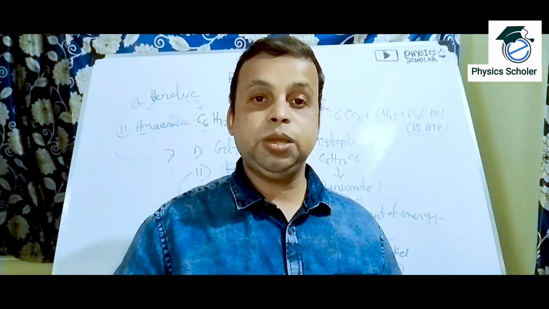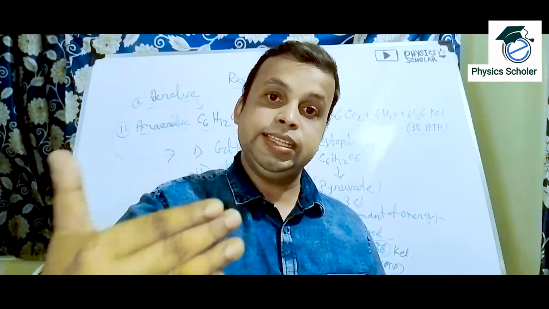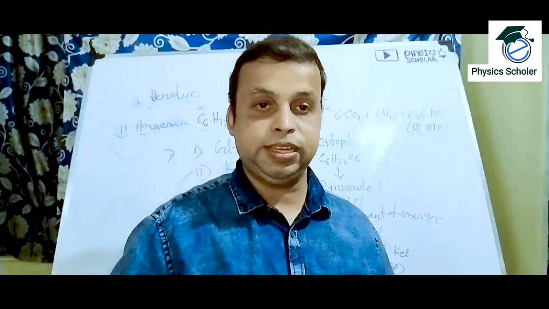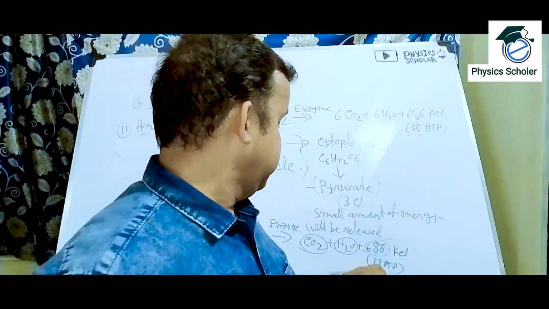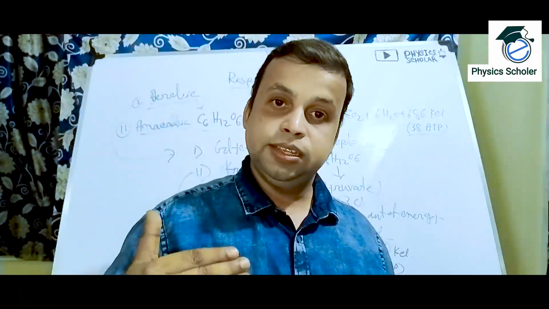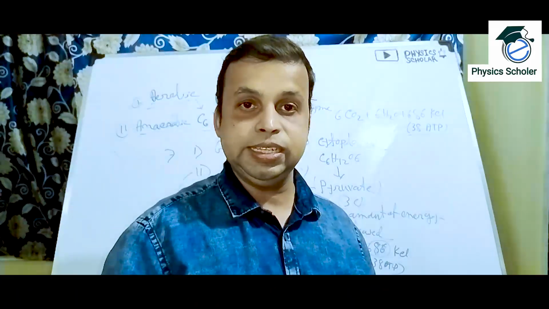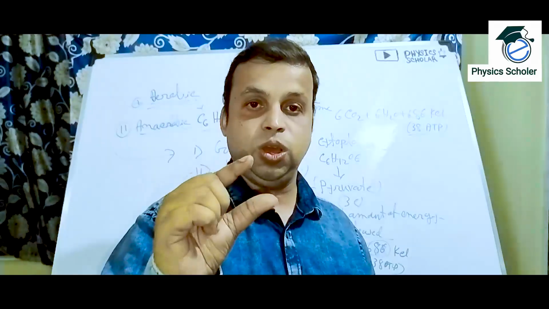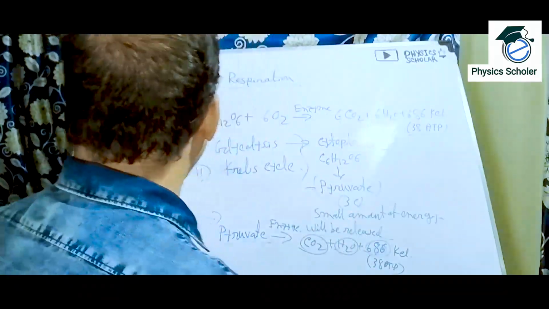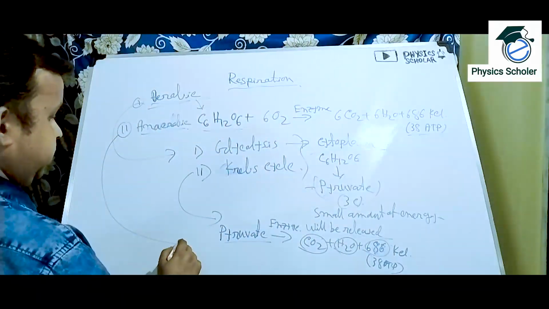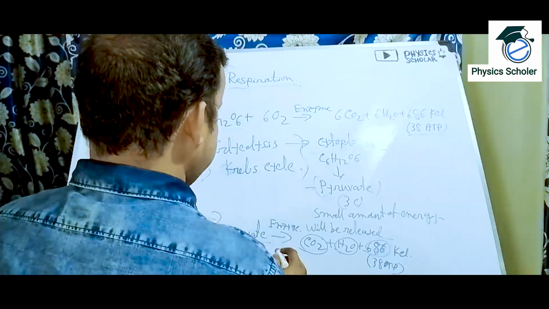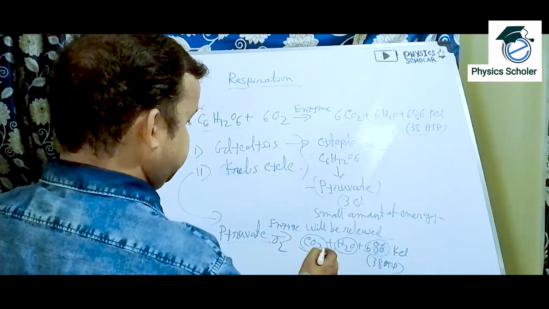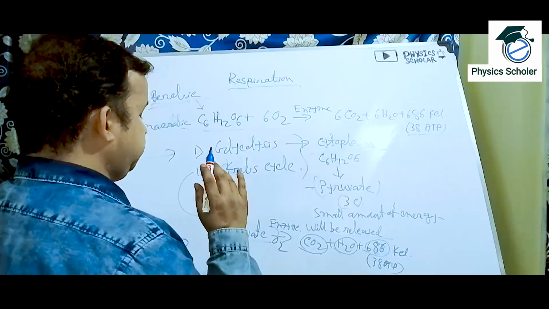In the case of aerobic respiration, this is the second phase, inside the Krebs cycle. There are some procedures, and those details I will discuss in a special episode on respiration. Now what is anaerobic? You can understand by the name: it happens where oxygen will not be present.